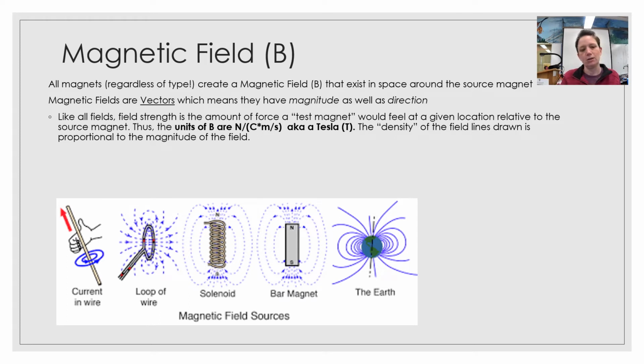The magnetic field is the force per coulomb meter per second, because to make a magnet, you have to have charge and velocity. So the units of B are newtons per coulomb meter per second. Of course, nobody wants to write that, so we have shortened that to something called a Tesla, or capital T. So the units of B are T.